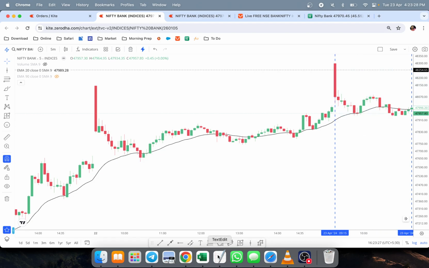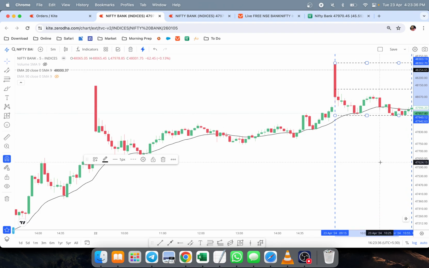We can also draw a parallel line and extend it and see what the price action is at 11:15. At 11:15 or 11:20 we can see that the price is between the upper and the lower boundary of the first session, and the very important rule is that it is near the moving average.